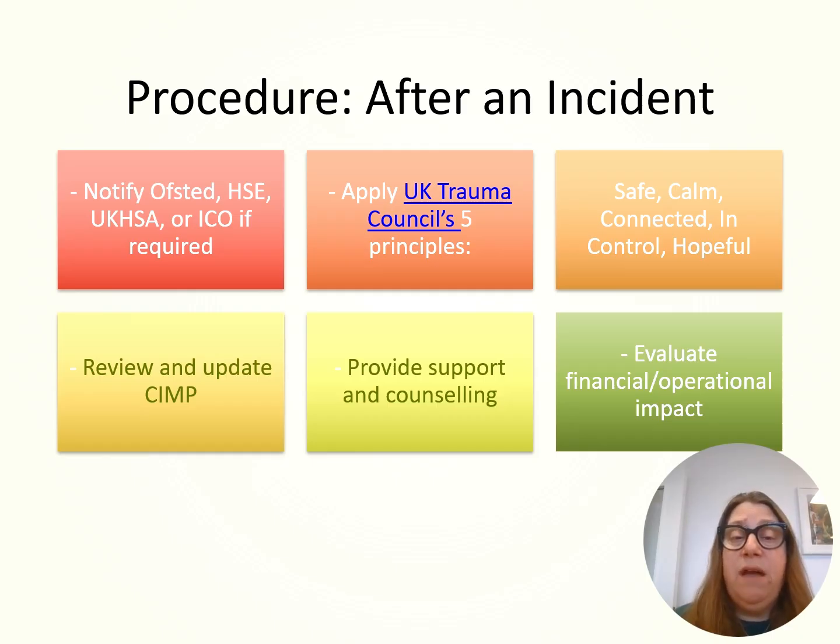Re-establishing routines, identifying with children what they did well and how everyone worked together to look after each other and stay safe. All of these things may help after an incident to make people feel calm and connected and safe and getting used to being back in their normal routines.